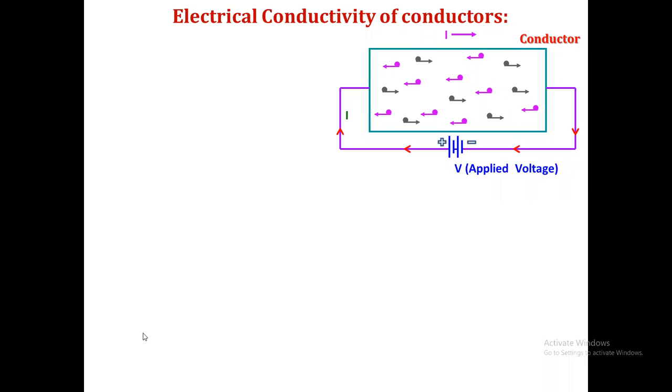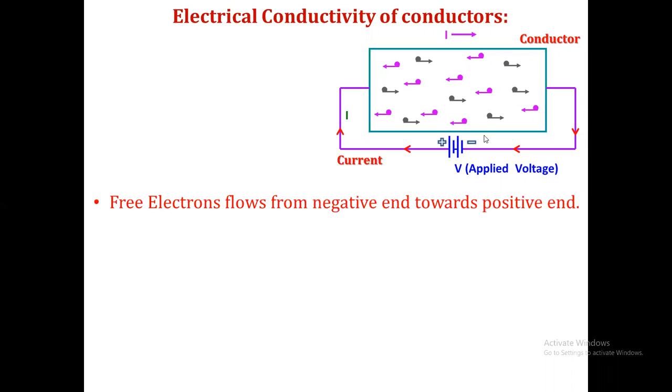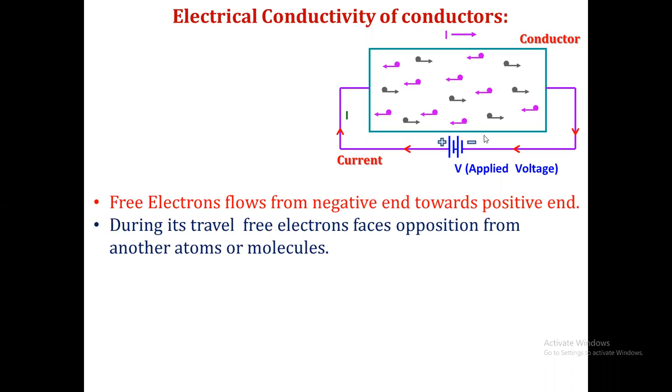Henceforth, please try to remember this one line related to electric current: the electric current always flows from the positive terminal of an external battery towards the negative terminal of the external battery through the external circuit. Is it clear? So this is the direction of current. The free electrons flow from the negative towards the positive end.